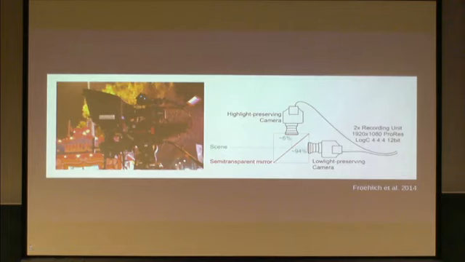Another approach is to use the following setup. This was published last year by researchers from ARRI, this company that manufactures cameras. They were complaining about the quality of existing high dynamic range video sequences for benchmarking.